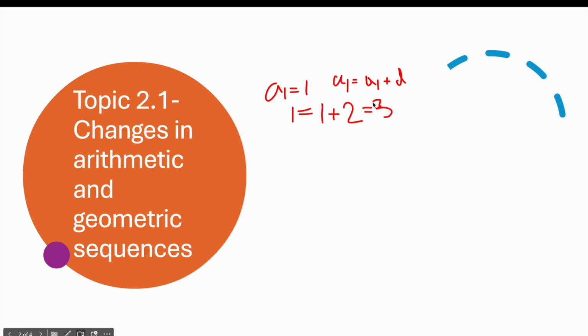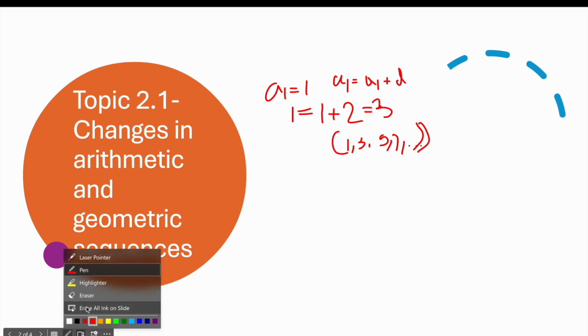So our sequence would be as follows: 1, 3, 5, 7, and so forth. Sorry about the messy handwriting, guys. But that's how it would be as it follows.